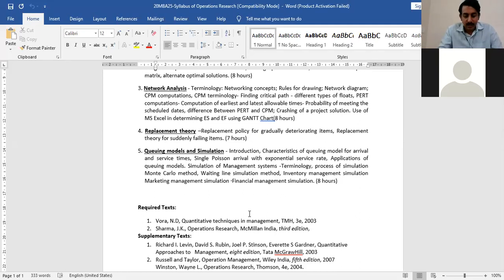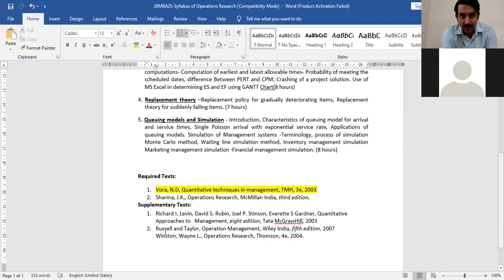Next is the suggested textbook. The suggested textbook is ND Ora, the one which I have highlighted here. The same textbook you will be getting.